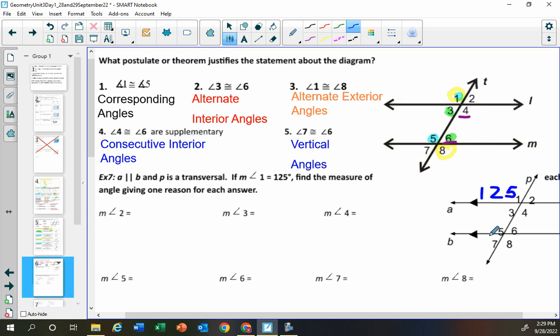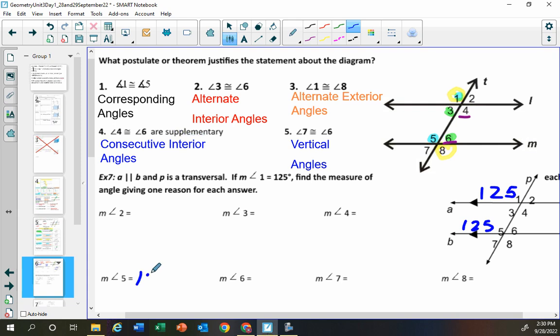Why do you want to say 5 is 125 as well? Because they correspond. Right away, angle 5 corresponds with angle 1.